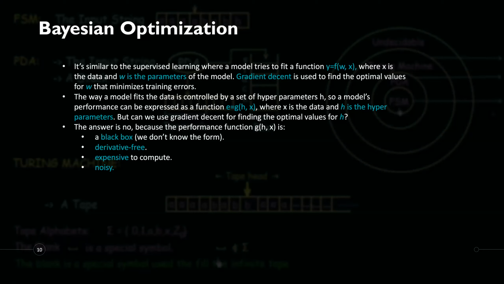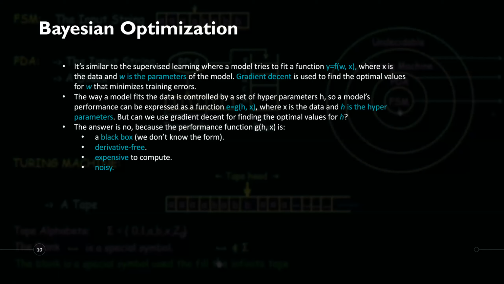Because gradient descent depends on derivatives. And the third thing is, unlike the typical training process, where it is easier and less computation intensive to calculate the metrics to do the gradient descent for every single iteration, in our case, every time we do a validation with different values for our hyperparameters, it may take a few minutes to a few hours or even a few days to compute the validation result.